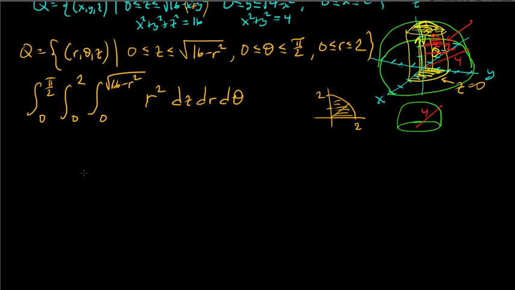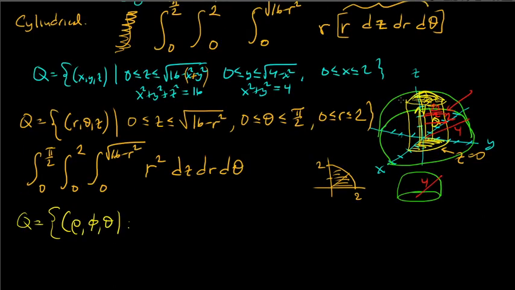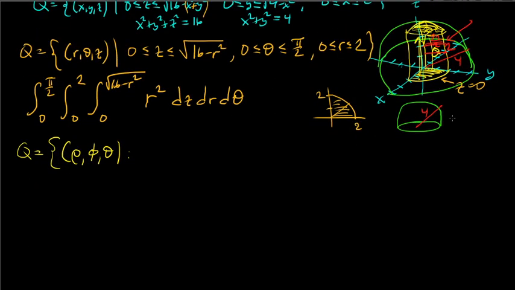And yeah, so can we write this in terms of rho, phi, and theta? Phi comes first. So what is rho doing? Well, you might think it's 0 to 4. Unfortunately, that's not how this works, right?